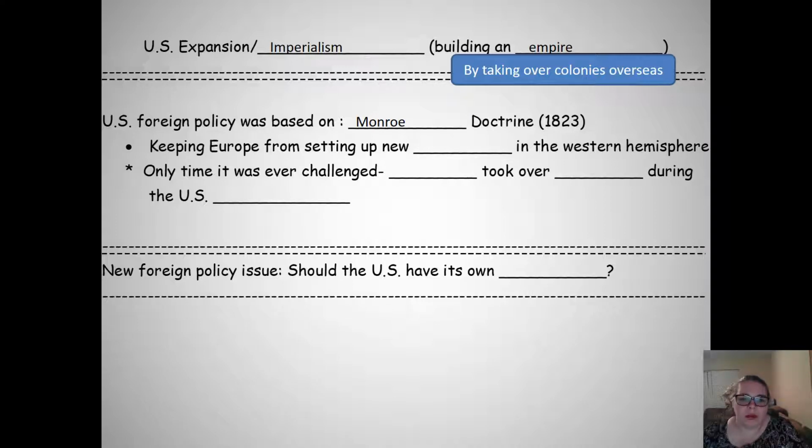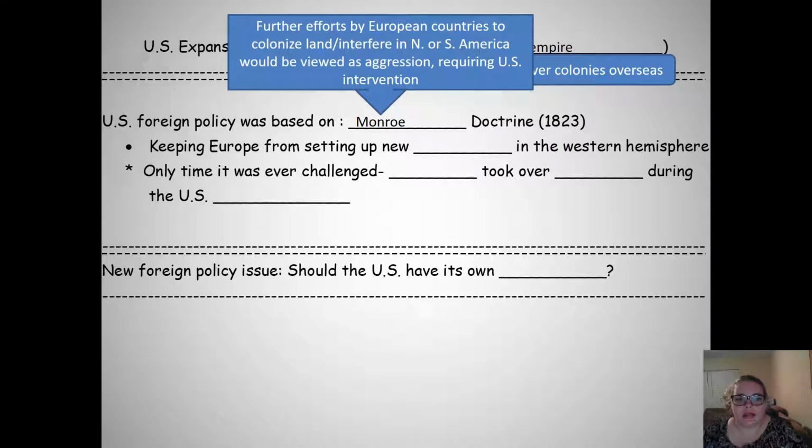President Monroe basically was worried about particularly France and Spain taking over more and more colonies in the Western Hemisphere, which is like South America, Central America, Cuba, the Caribbean. So Monroe came out with this doctrine or this edict, and he said that no European country was allowed to set up a colony in the Western Hemisphere anymore.